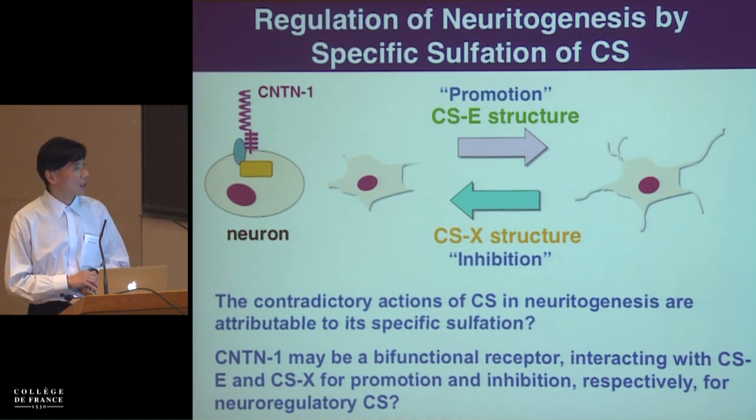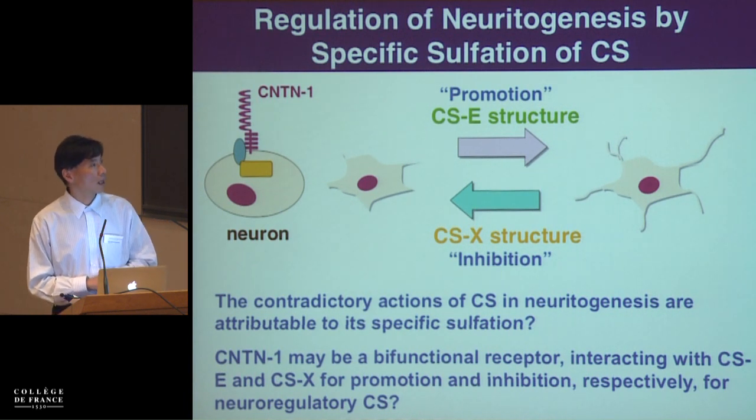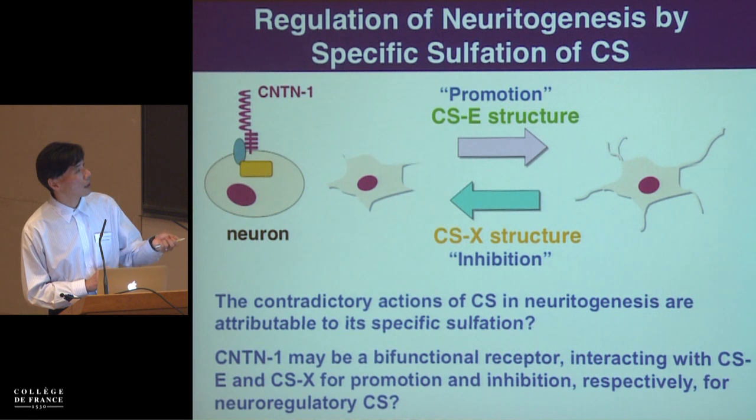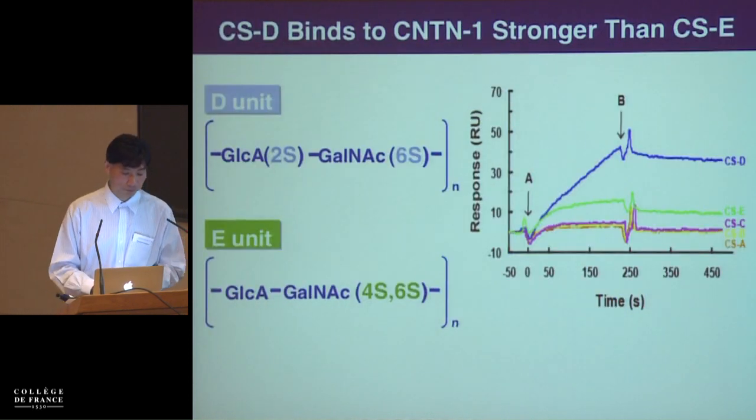And contactin 1 might be a bifunctional receptor interacting with chondroitin sulfate E and chondroitin sulfate X for promotion and inhibition, respectively, for neuroregulatory chondroitin sulfate.